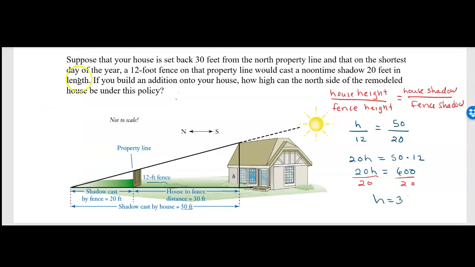H equals 30. What this means is that the maximum height of the north side of the house after being remodeled can be 30 feet. That is the maximum height they can be. And that, believe it or not, takes us to the end of the entire geometry unit.